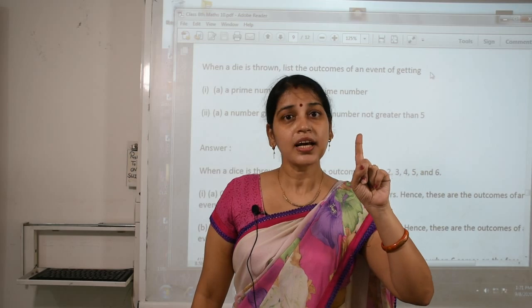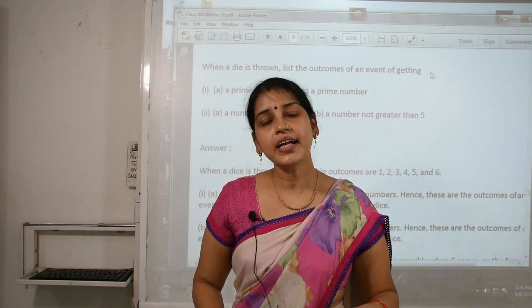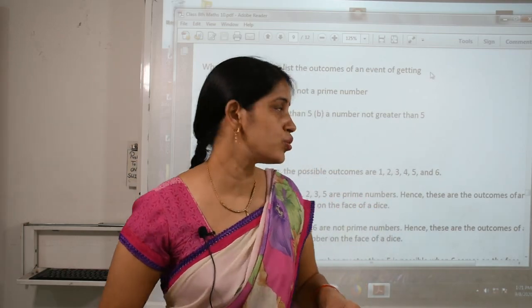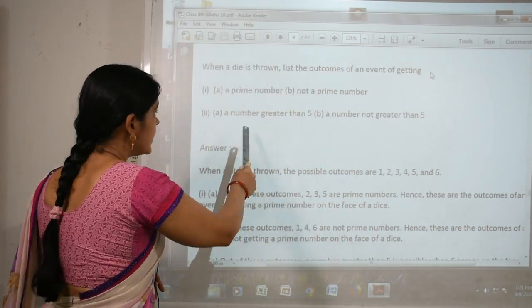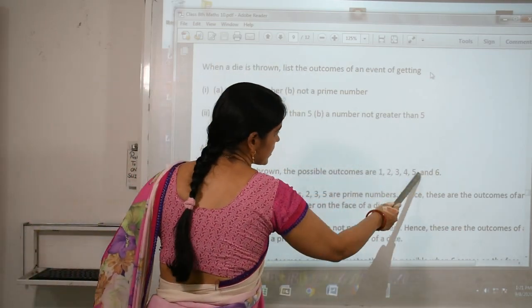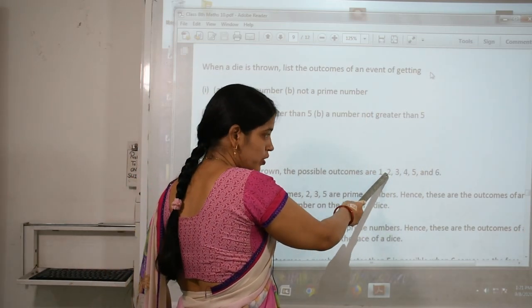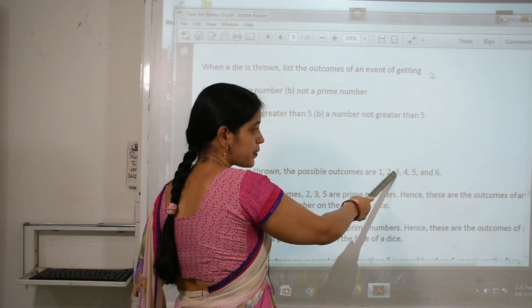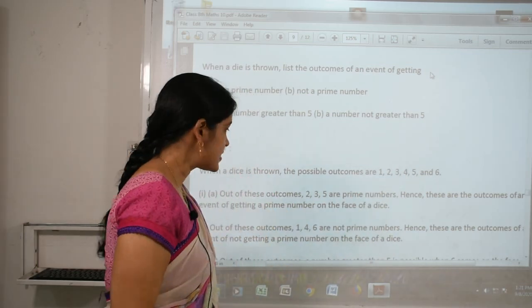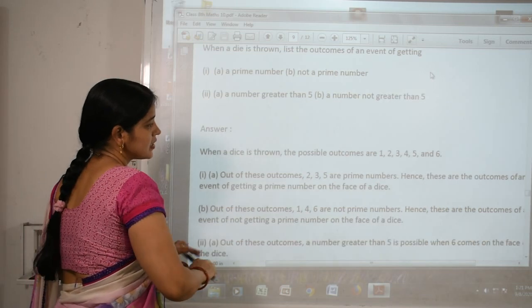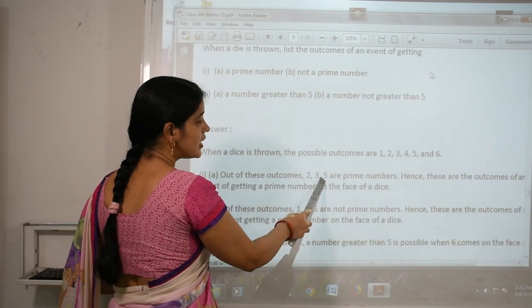One number is 1 and the number itself, मतलब या तो 1 होगा उसका factor या वो number खुद. Okay, so here from these numbers which are the prime numbers, 1 is not prime, 2 is prime, 3 is prime and 5 is prime. So when we get prime number, that is 2, 3 and 5.